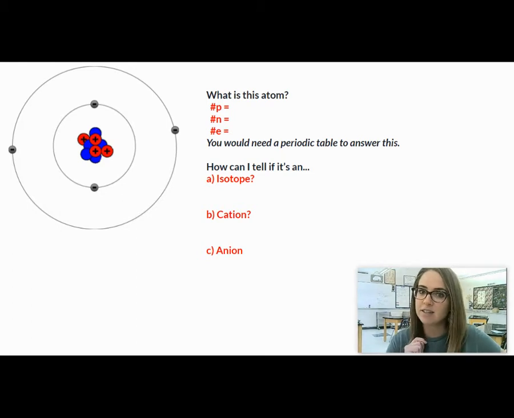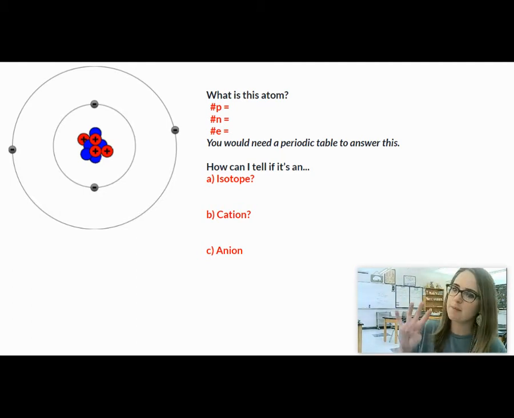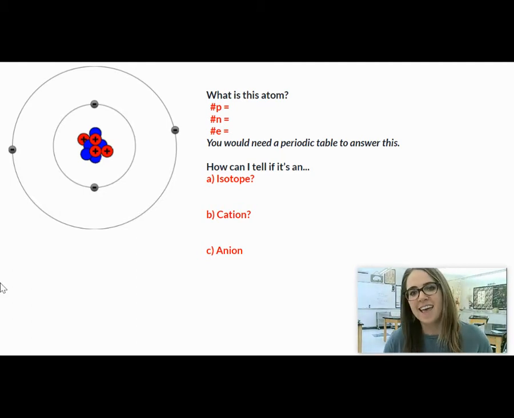And I can see just in this image that there are how many protons? Yes, good job, 4 protons. We have these 4 positives right here. Now, my next question is how many neutrons are in this atom? The initial reaction is to want to say 4, but protons and neutrons don't always equal each other.